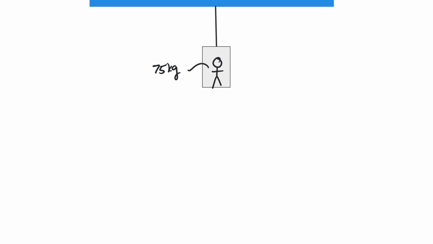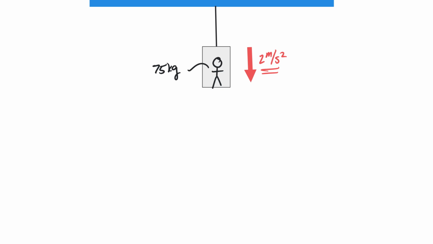The elevator is going to lower you to the ground with an acceleration of 2 meters per second squared for a short time until you get to your operating speed. What's the force of the elevator on you as you accelerate?